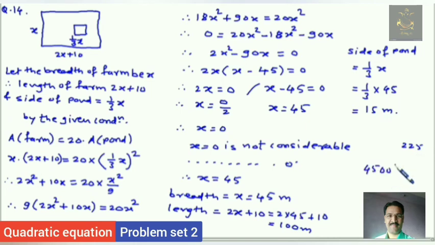Now this 4,500 is 20 times of this one. Check here, 225 into 20, that is 0, 225 into 2, 450. Like this we can check whether it is correct or not. See friends, every time whenever the word problem is there, try to verify your answer.